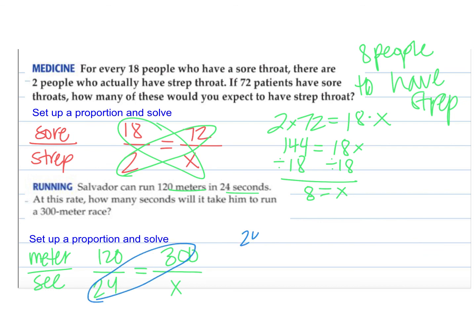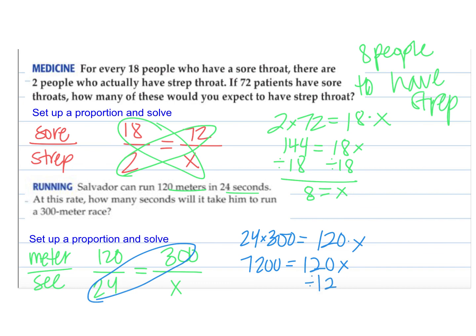Use our cross products here. So 24 times 300 and 120 times x. Sorry, I'm mixing up between the dot and the x for the multiplication symbol. So 24 times 300, which is 7,200, equals 120x.